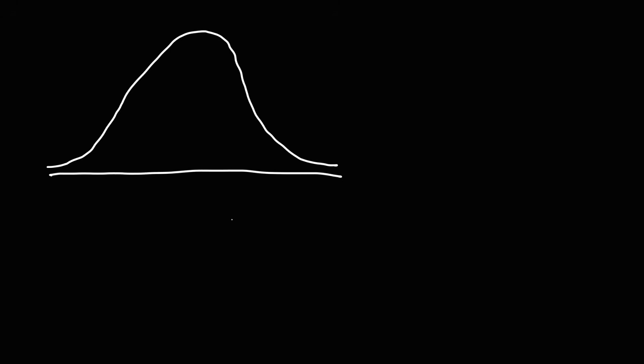So let's illustrate this with a picture. Let's draw our normal distribution curve. So here is the population mean. Let's say this is positive Z alpha, and this is negative Z alpha.